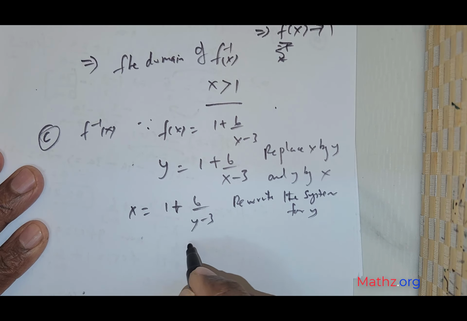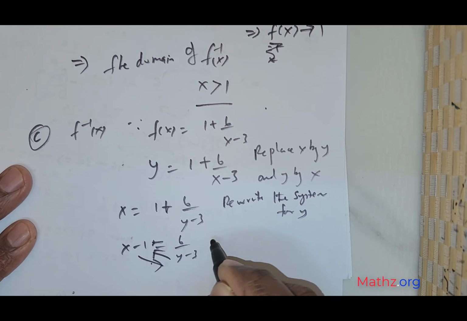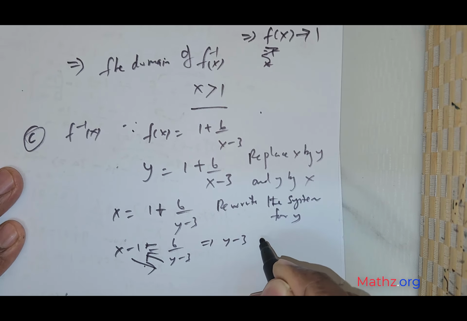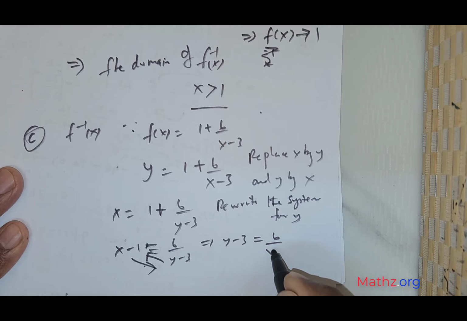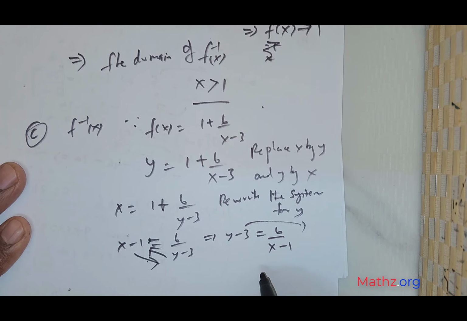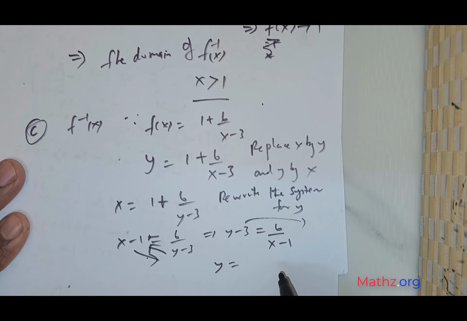So x - 1 is equal to 6 over y - 3. I am going to push this up and push this down, so y - 3 is equal to 6 over x - 1. Push the -3 to the other side.